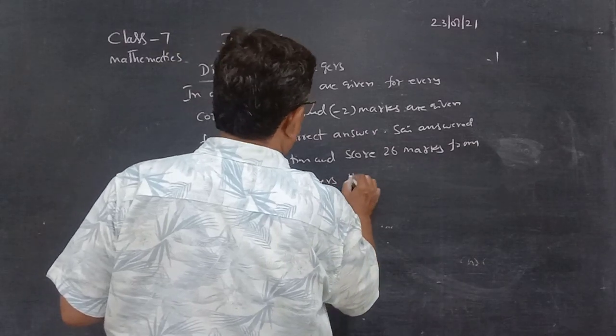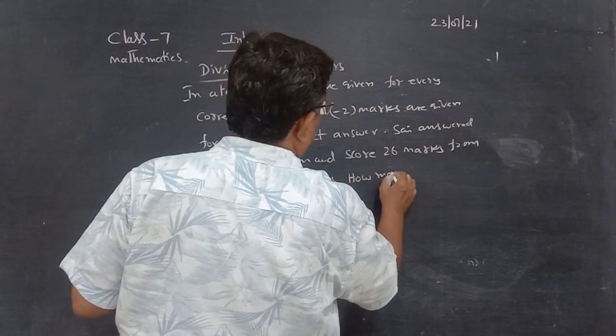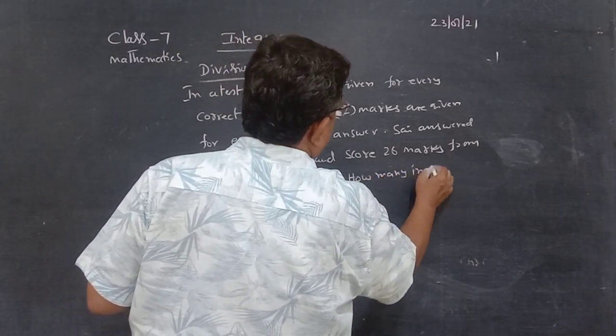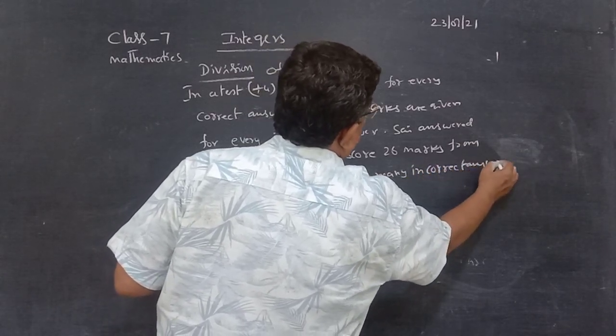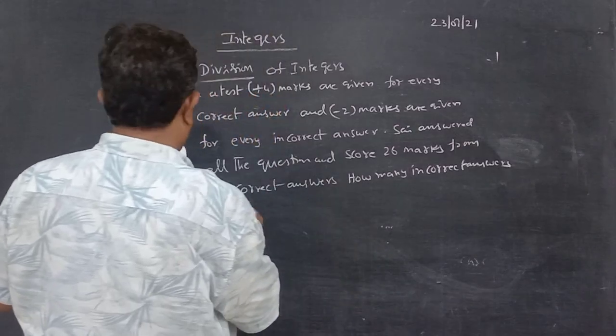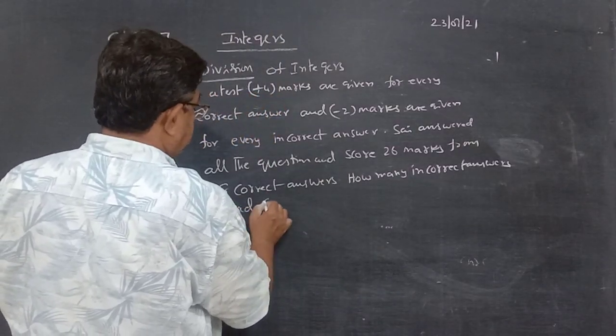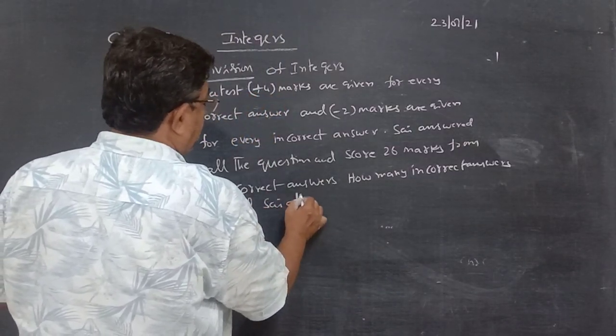How many incorrect answers had Sai attempted?